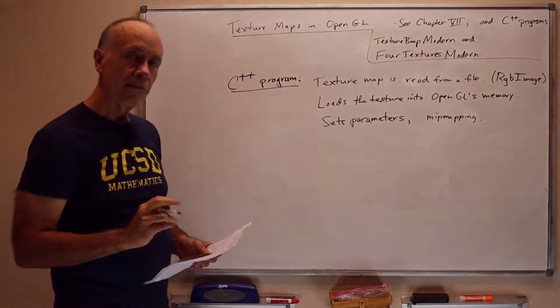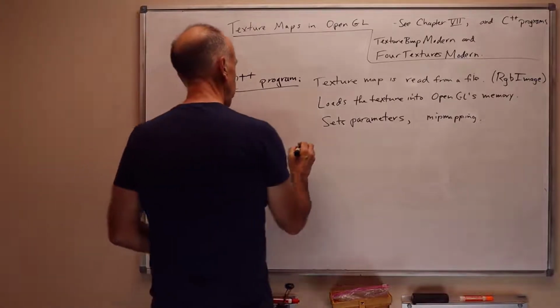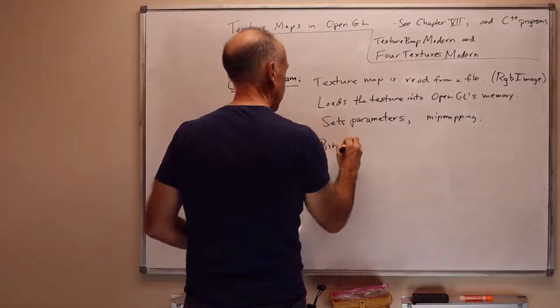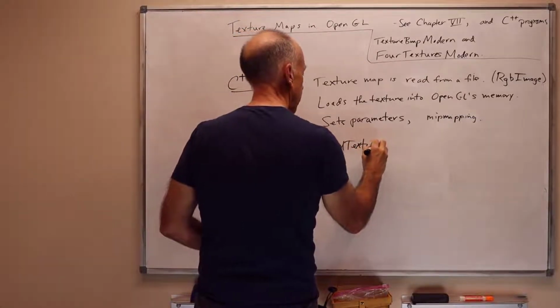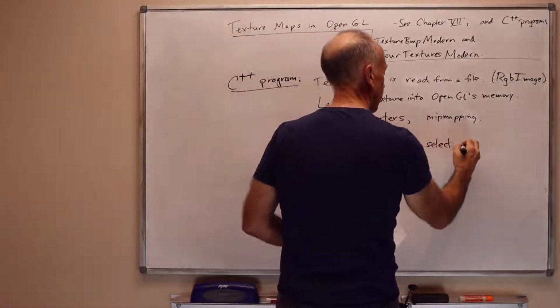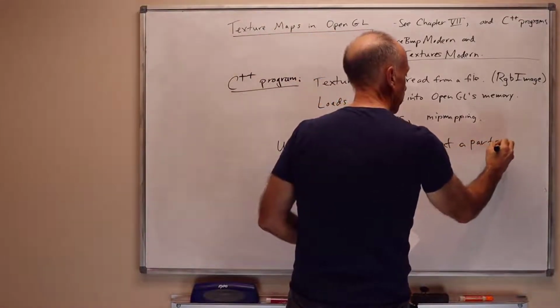And then when you're rendering a surface, we'll use a function called glBindTexture to select a particular texture to be used when rendering.